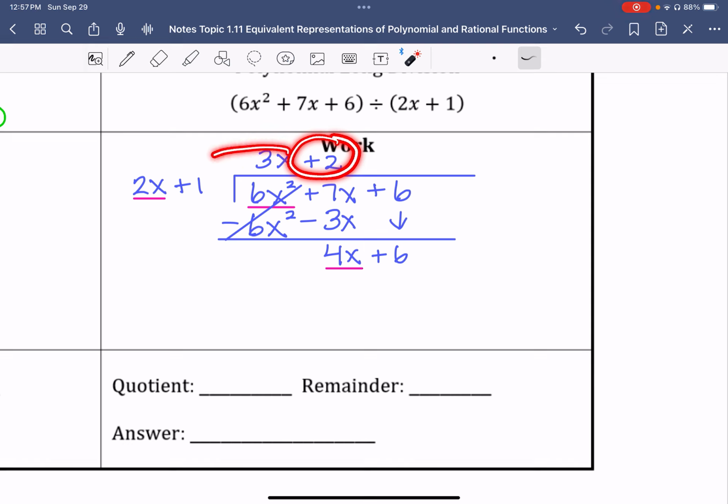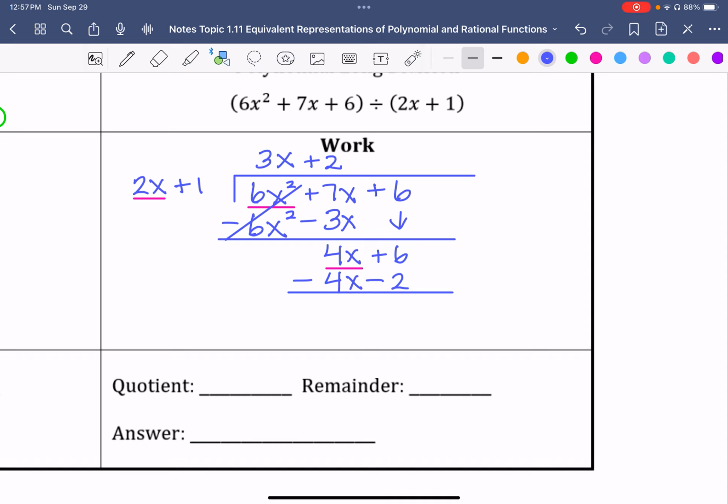And now we're going to do plus 2 times both of these. Positive 2 times positive 1 is positive 2, and I'm going to put that underneath the other constant term. Positive 2 times 2x is a positive 4x. The next step is to change the sign, so I'm going to put negatives in front of both of them.